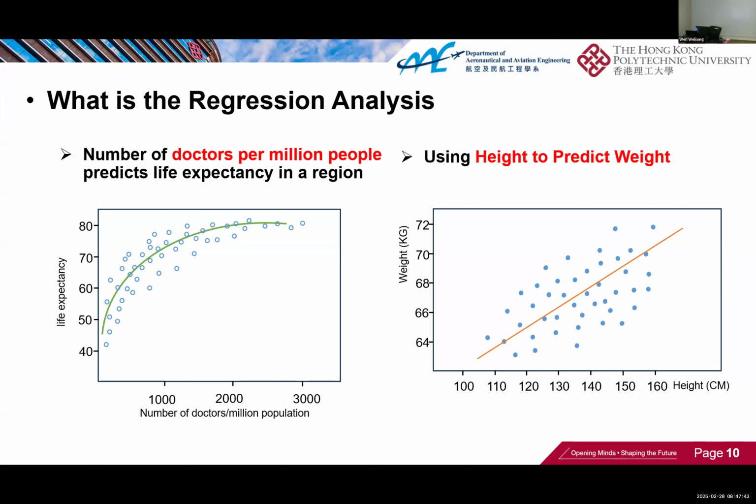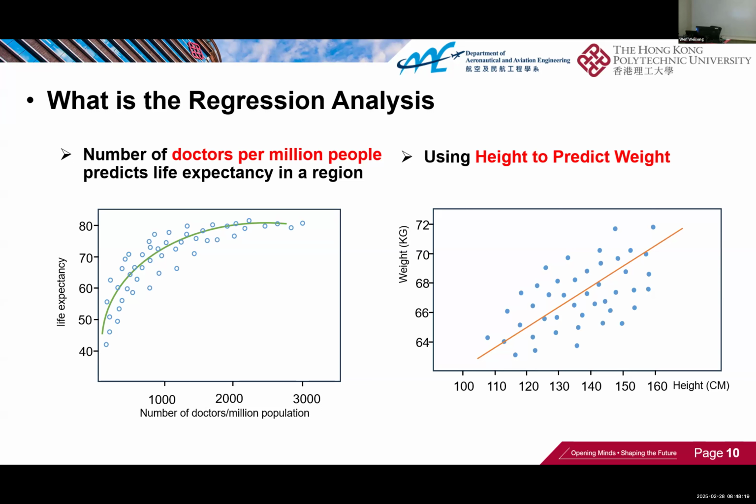Of course, you can also use a nonlinear curve to fit those data. This process is called data fitting. The left side is a nonlinear case: doctors per million people. More doctors generally means higher life expectancy, right? The x-axis is the number of doctors per million population, and the y-axis is life expectancy.